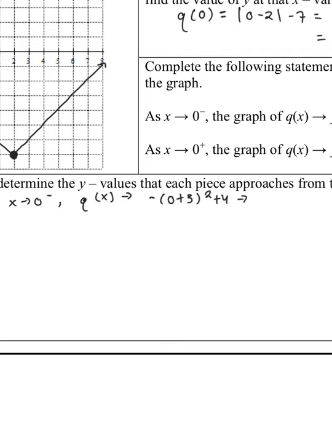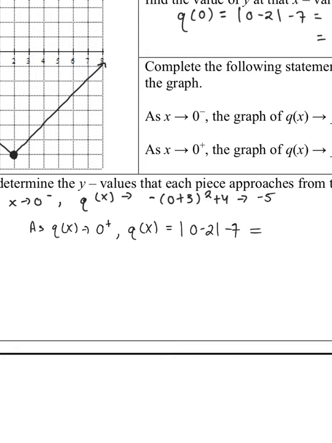So as x approaches 0 to the left, Q of x will then be negative 5. All right, we solved that a while ago. And as x approaches 0 to the right, we have to use the absolute value function. We have Q of x being 0 minus 2 minus 7.